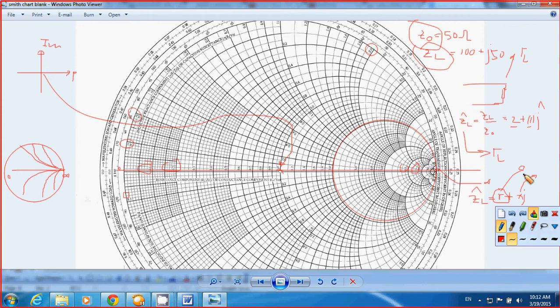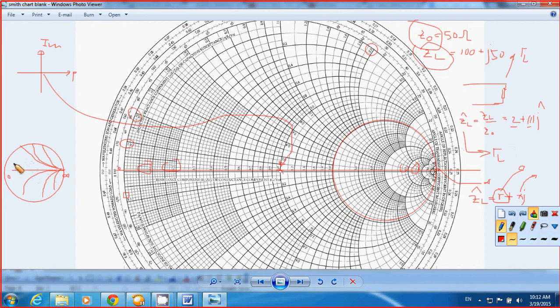But the difference is that X can be either a positive number or a negative number, right? Because it's the imaginary part. But R, resistance, is only a positive number. You don't have resistance being a negative number, but you can have reactance being a negative number.